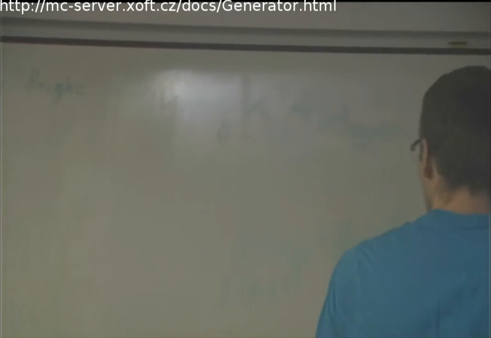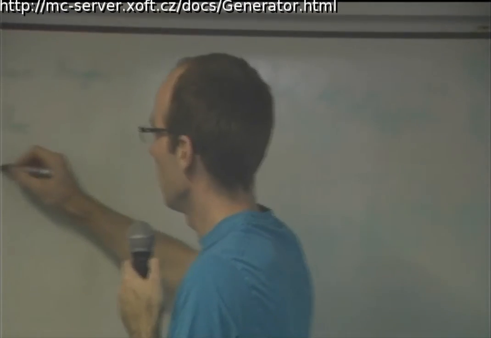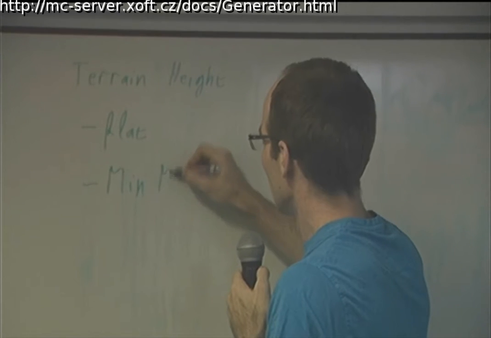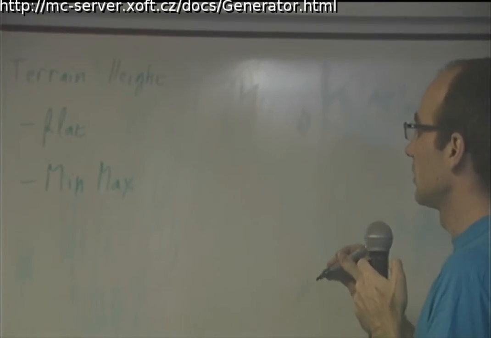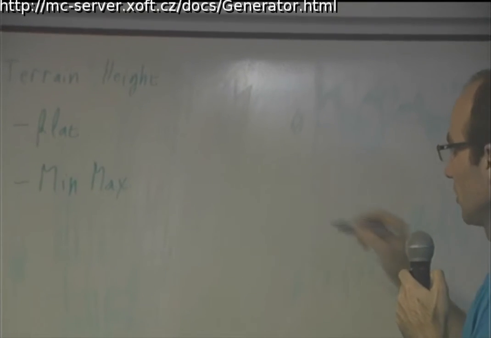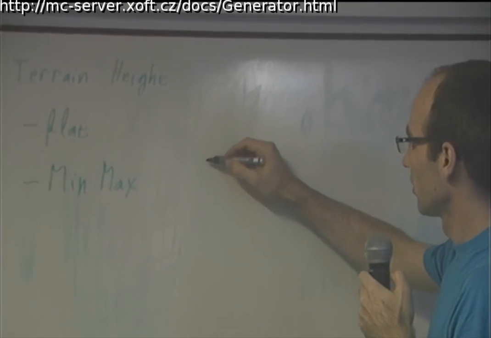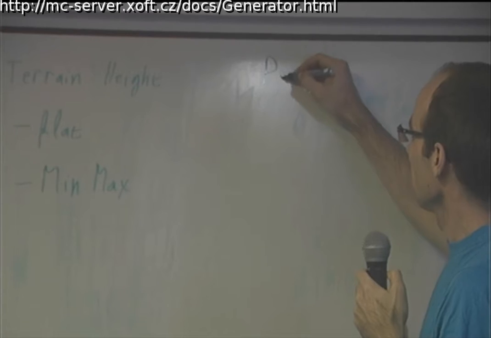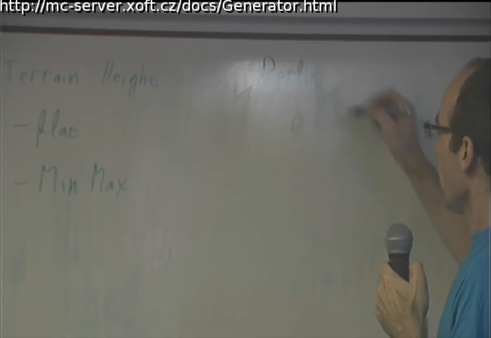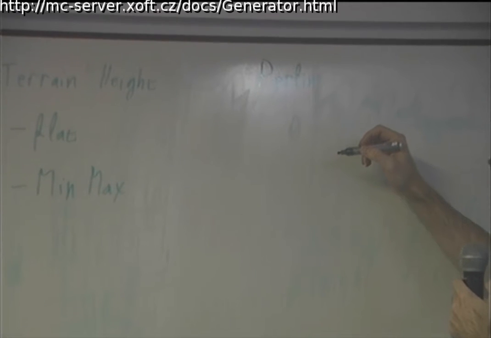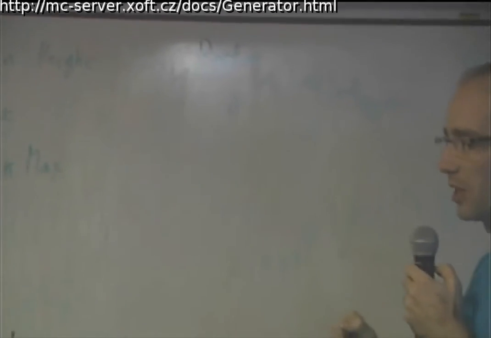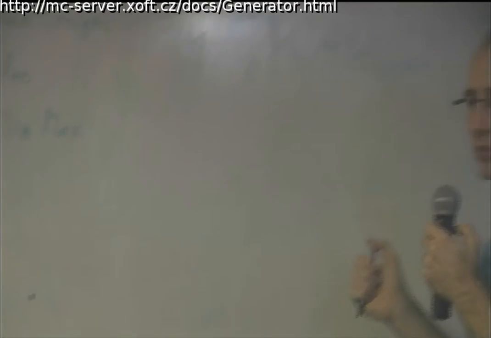Second one is so-called min-max. What this does is it uses a Perlin noise, which we've talked about right now, and it says for each biome it has a value of minimum and maximum height for that biome.